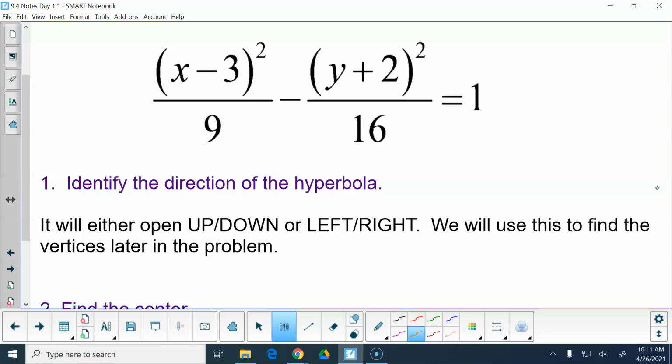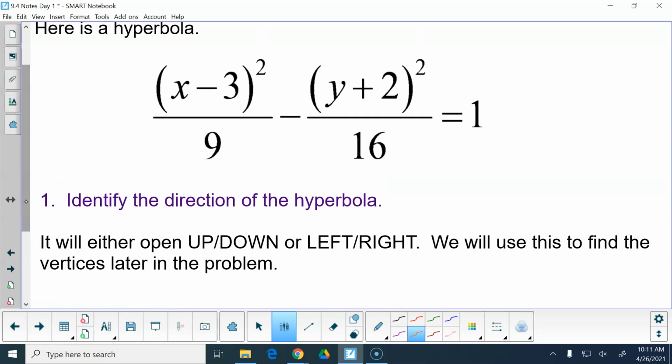We need to figure out the direction of the opening, because later on, that's going to determine which equation we're going to use, on Thursday when we do equations. So we should always know which way it opens.